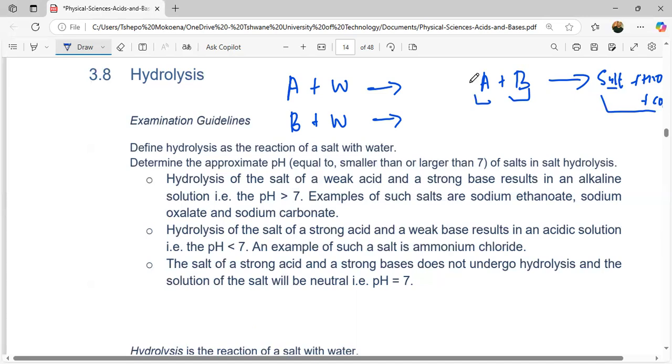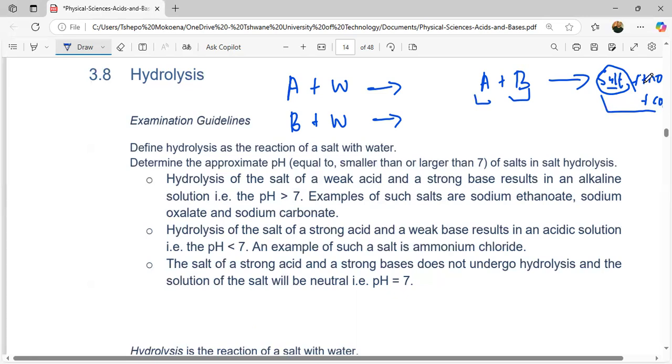Now, when we talk about hydrolysis, what are we talking about? It's a reaction of the salt that is formed from acid and base with water. I said acid plus water, base plus water, this is an aqueous solution. But when acid and base react, what type of reaction is this? We call it a neutralization reaction.